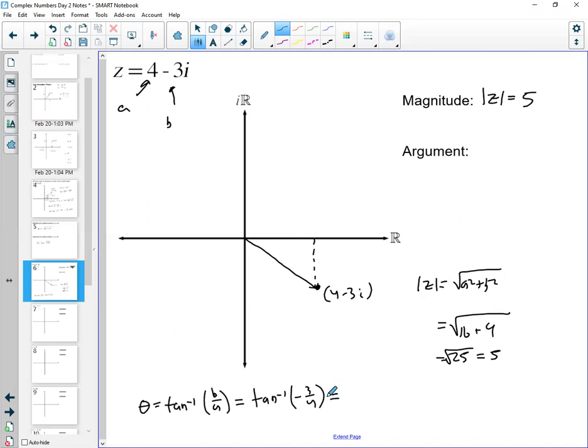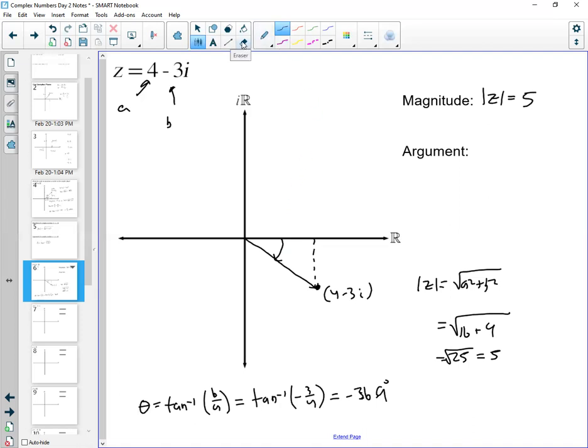Inverse tangent of -3/4 is -36.9. That's fine, just the nearest tenth from now. -36.9 degrees, which means basically like this is -36.9 degrees. Like this, it's negative because it's going clockwise.